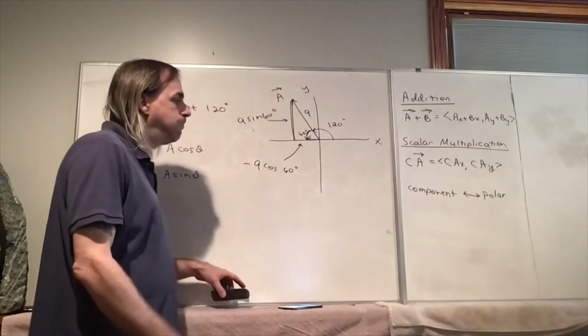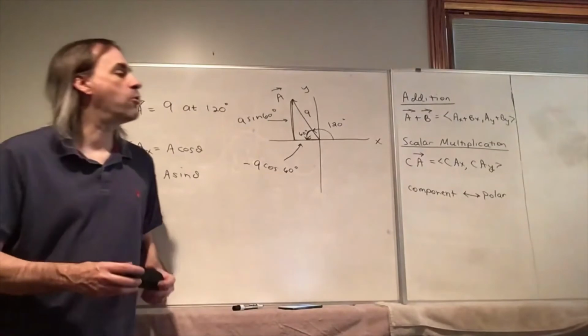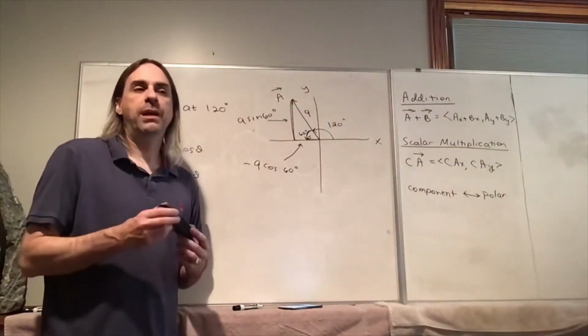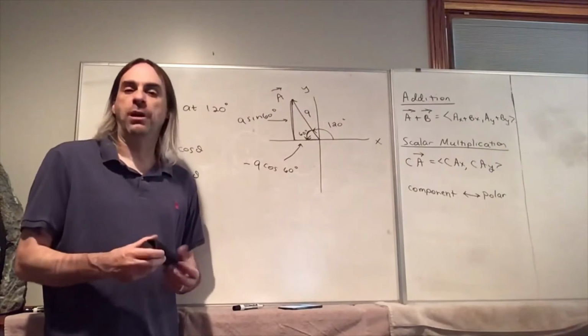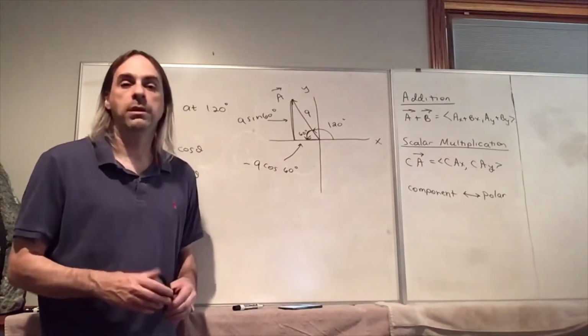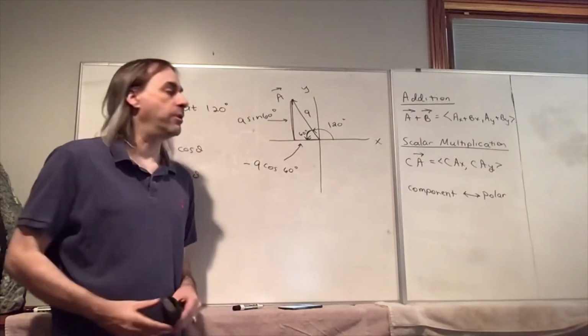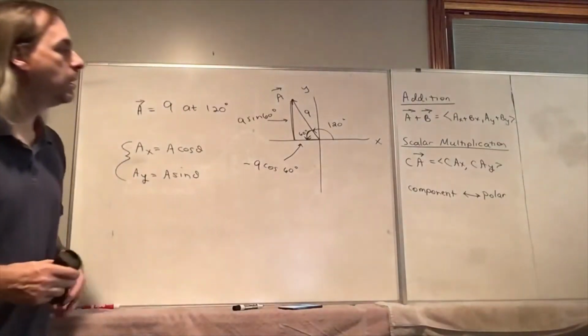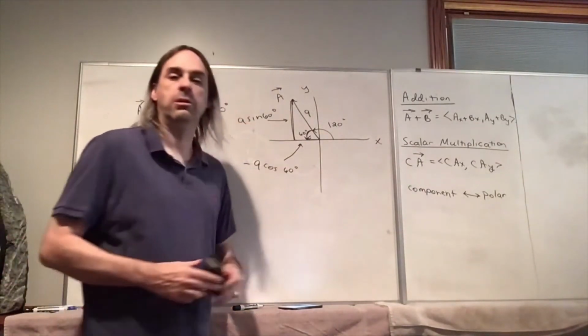Now, so yeah, this going back and forth between component form and polar form, extremely important. And the reason is that vectors naturally come in polar form. It's like, say you exert a force, it points in a certain direction. So it's like a certain amount of force pointing in a certain direction.